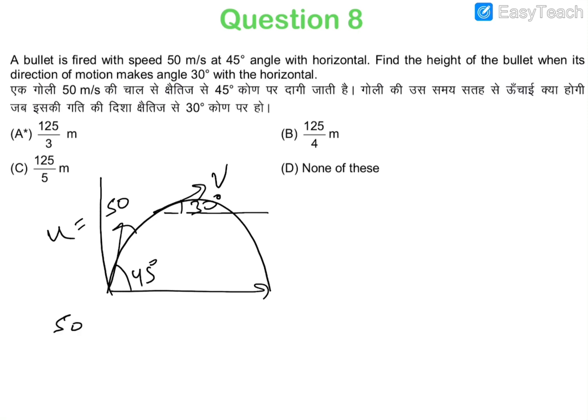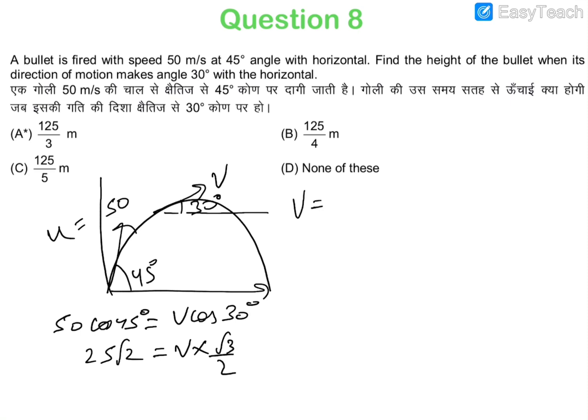So 50 cos 45 will be equal to v cos 30, and this is 25 root 2, and this is v into root 3 by 2. So v will be equal to 50 root 2 by root 3, and we have to find out this height.